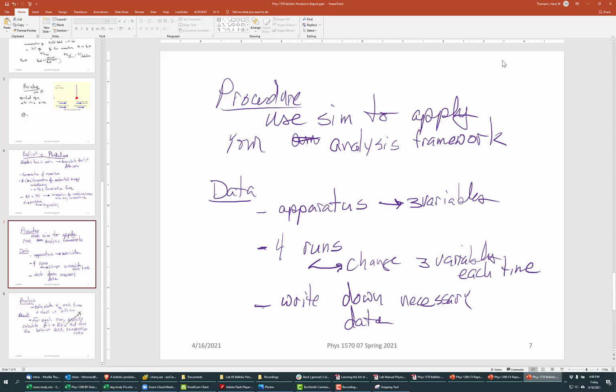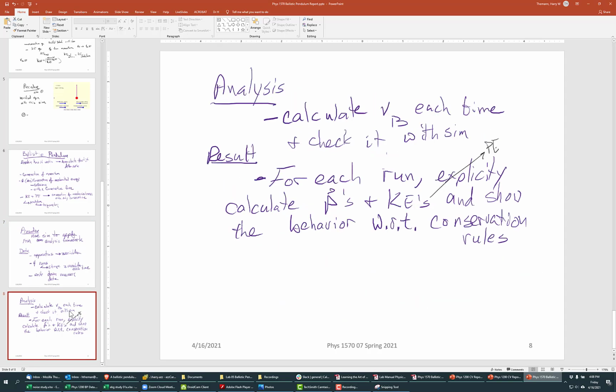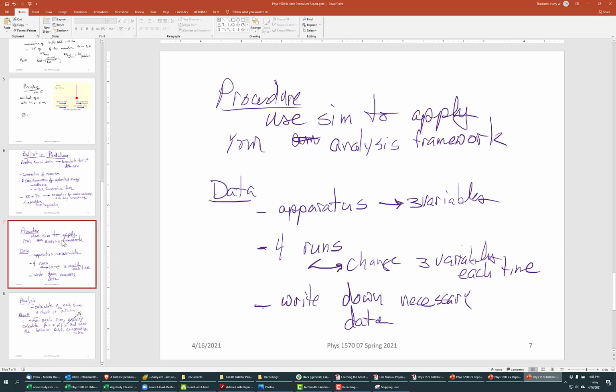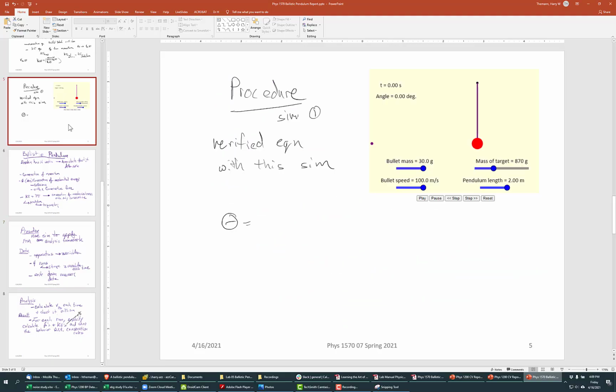And let's see, actually this procedure here is for so-called data taking. So this is not background anymore. This is testing your formula.